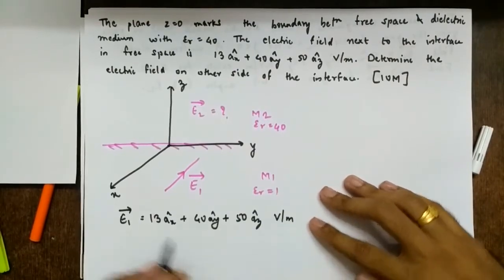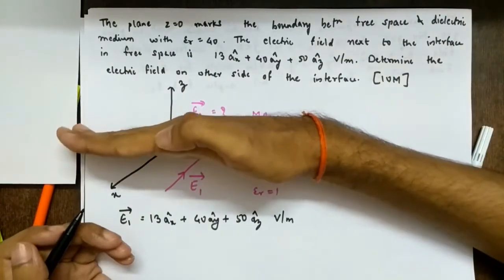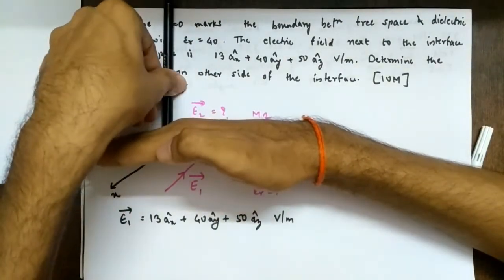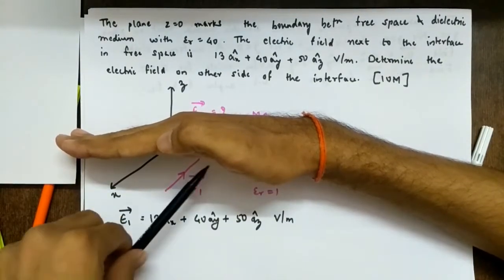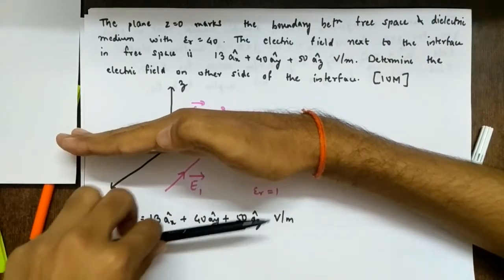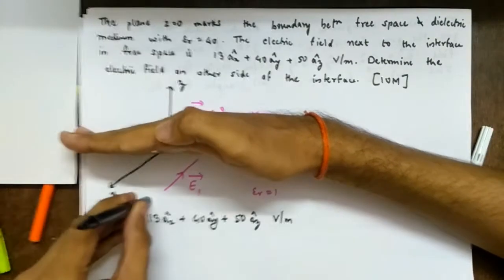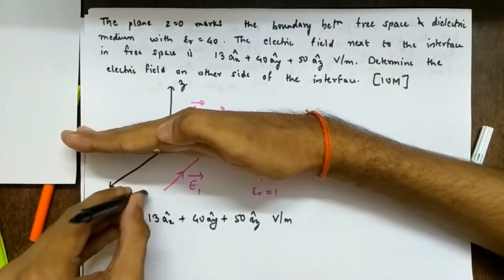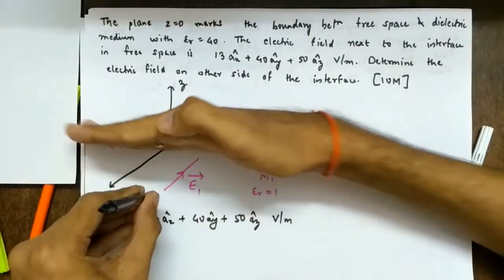So how to do that? See my hand. This represents the XY plane, and this represents my Z axis, right? So the electric field is going like this. If you resolve this into three components, X will be like this, both in the same direction, parallel. So X is the tangential component, right? X is going like this, the interface is also like this.